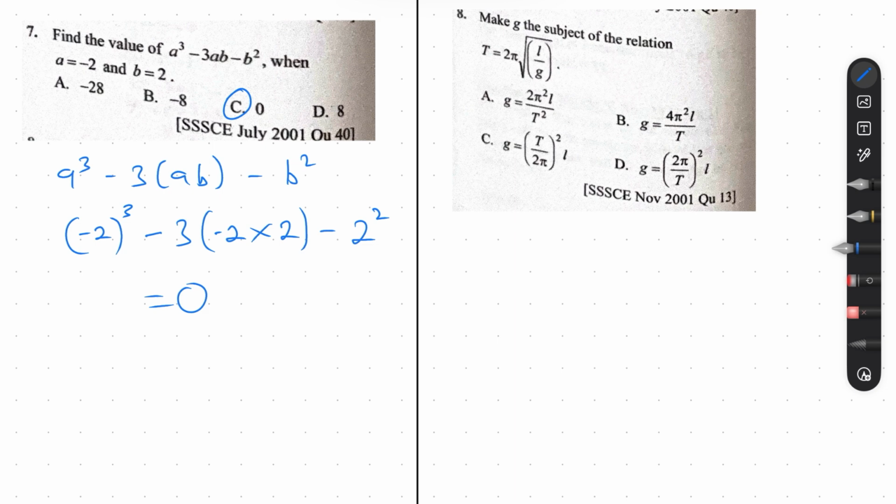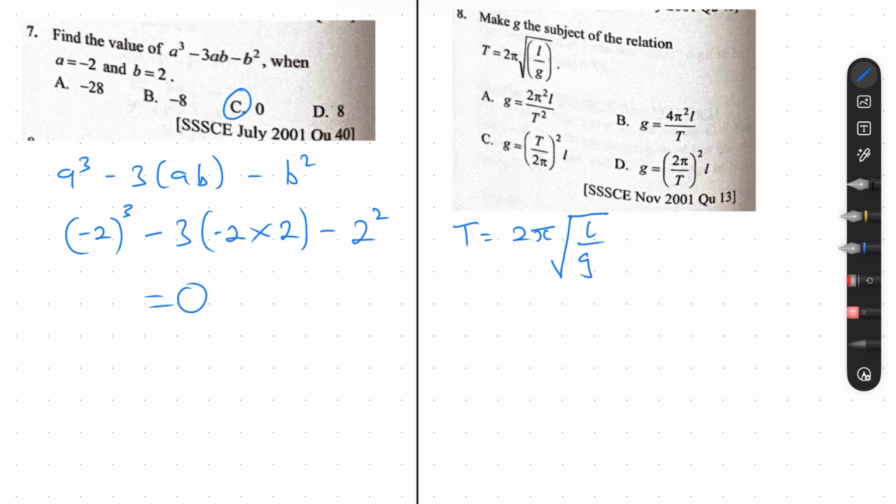We have T is equal to 2 pi square root L over G. Now, L over G, right?